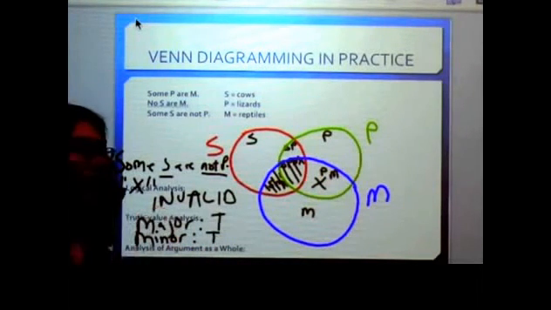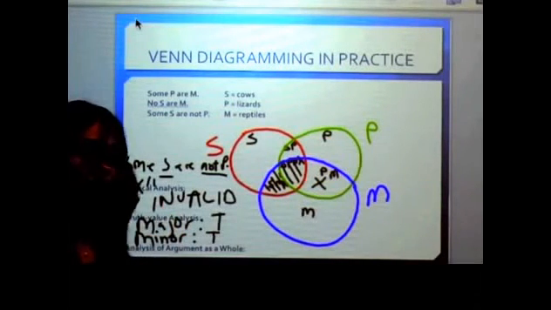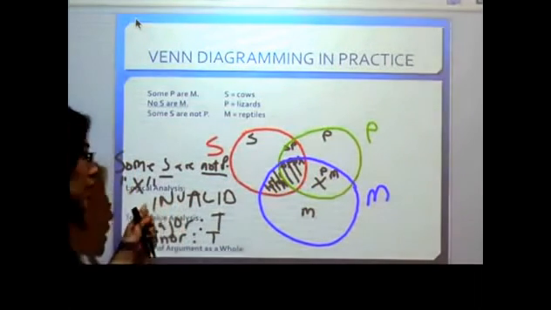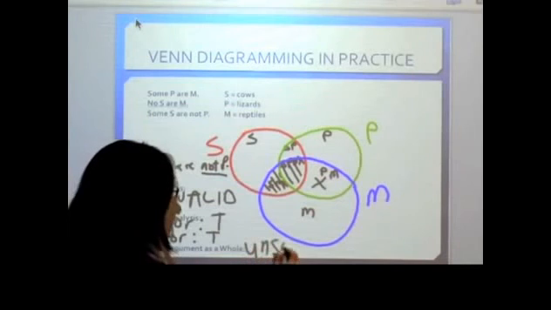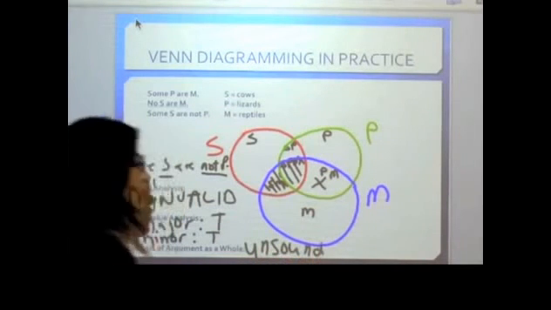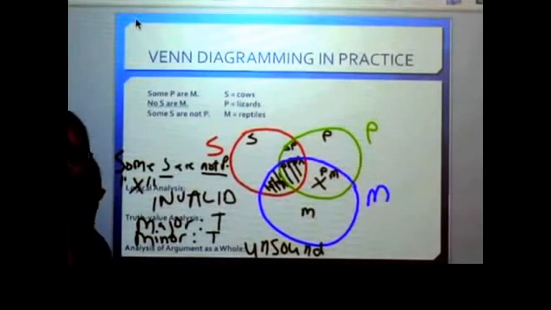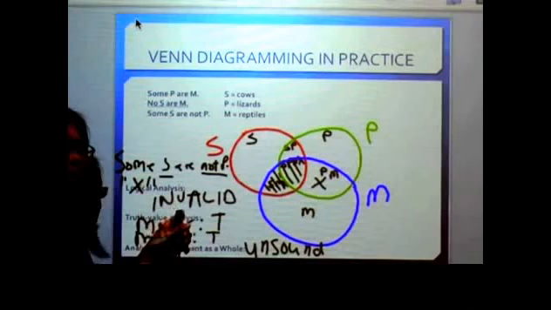Now, this argument has all true premises, but the reasoning is invalid. Because the reasoning is invalid, it is not a good deductive argument, so it is, again, unsound. Here we have an unsound argument with true premises but invalid reasoning.